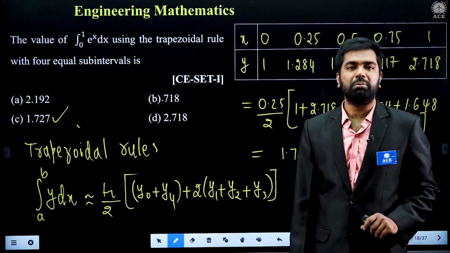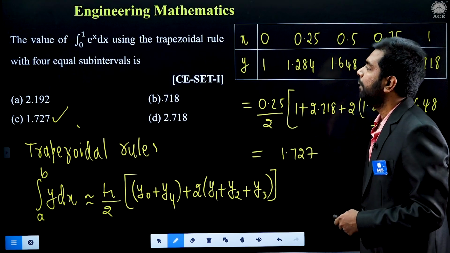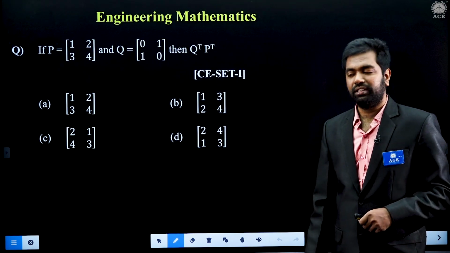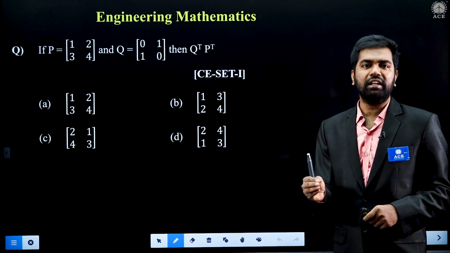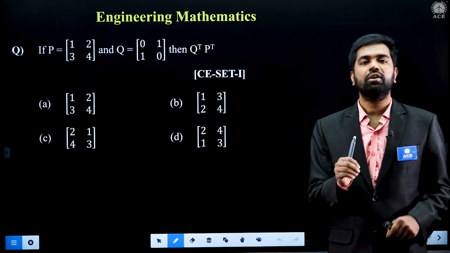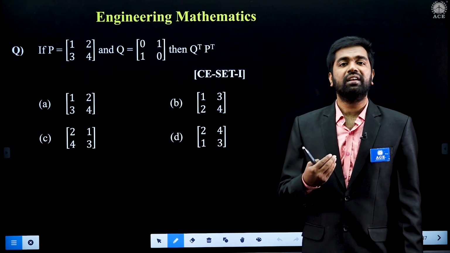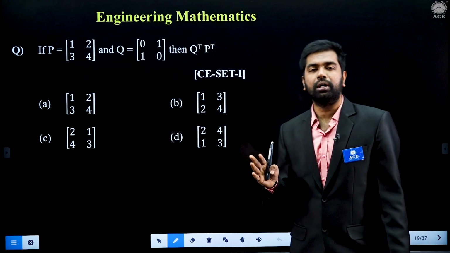Let's look at the next problem. Even a 10th class student, 9th class student can solve this. What is given is P and Q. They are asking you to find Q transpose into P transpose.